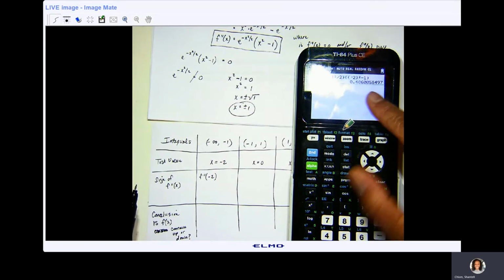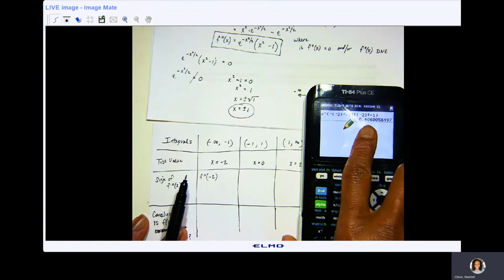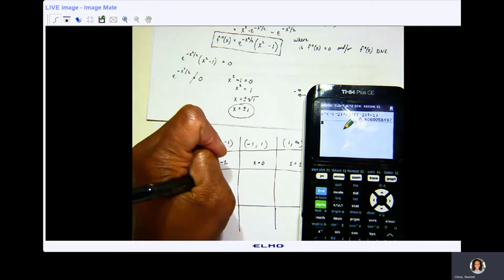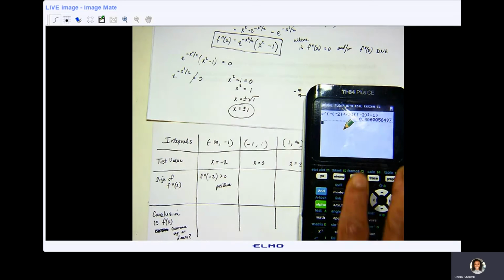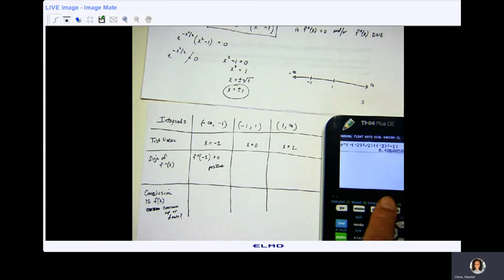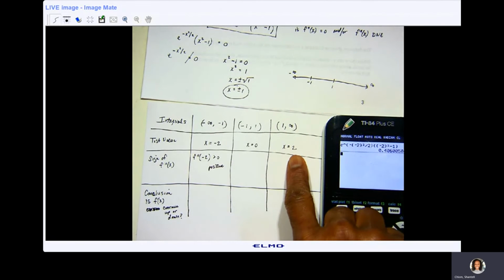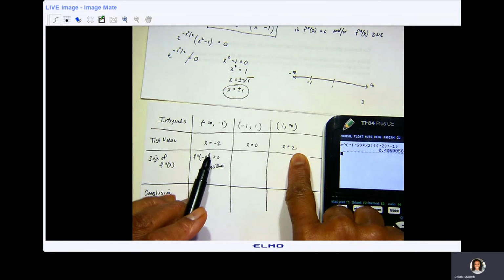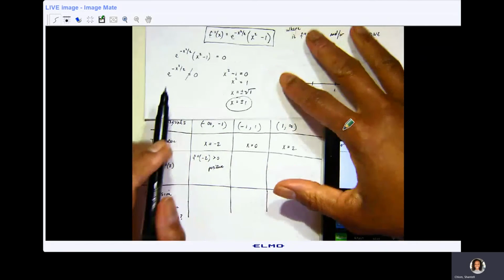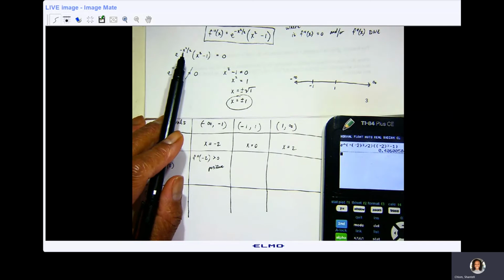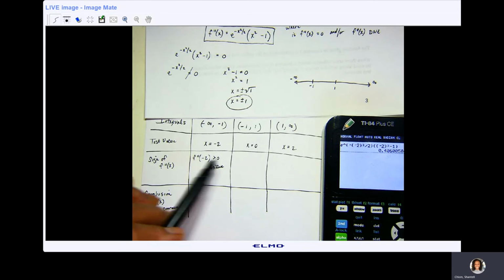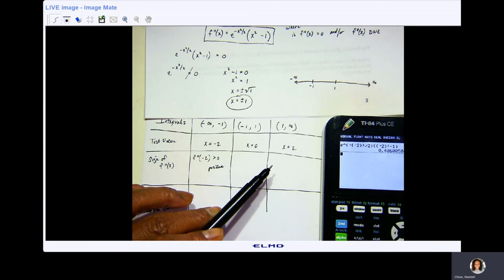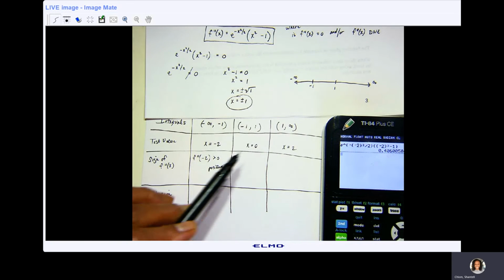And I got a positive. Not the decimal, but we're more concerned with the sign. It is greater than 0. It is positive. If you think about it, the only thing that's different between -2 and +2 is that sign, but when I plug in the -2, it turns into a positive anyway. And likewise here, so I should also get a positive answer when I plug in +2.